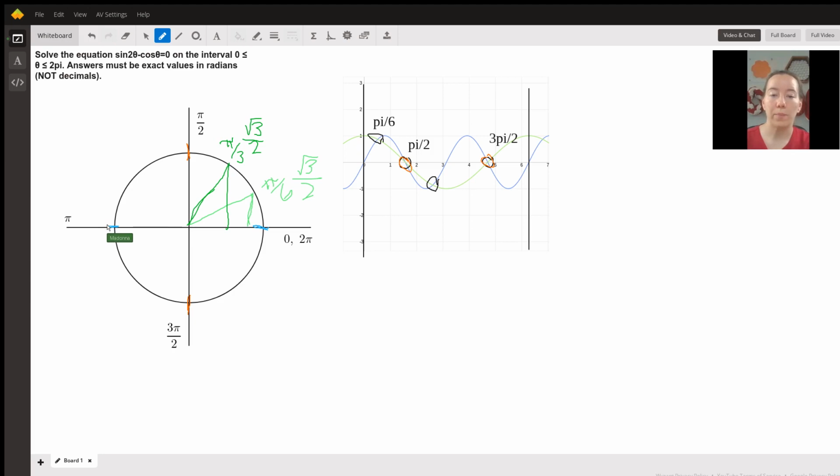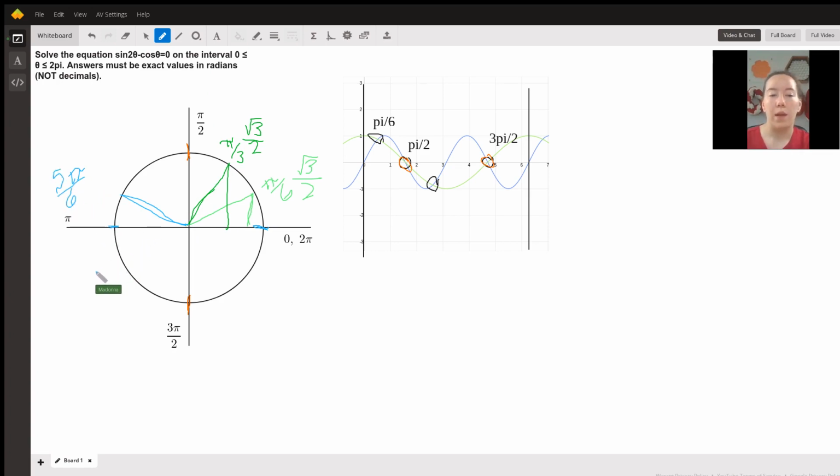And for our final solution, I can see that it happens before the cosine reaches its minimum. And I'm going to guess that it's another 30, 60, 90 triangle. So I'm going to come in and say it's at 5/6. So 5 pi over 6.